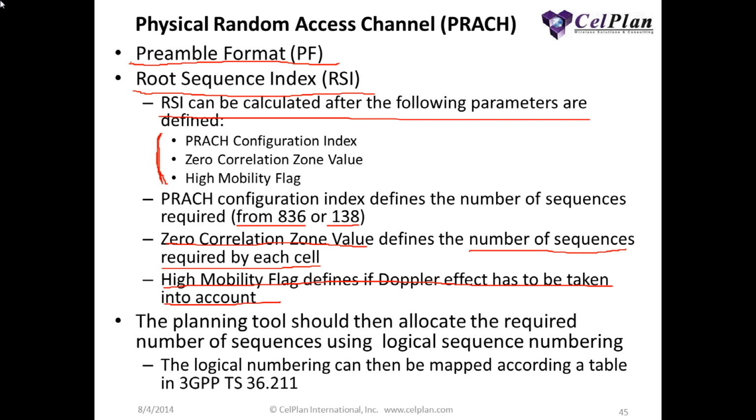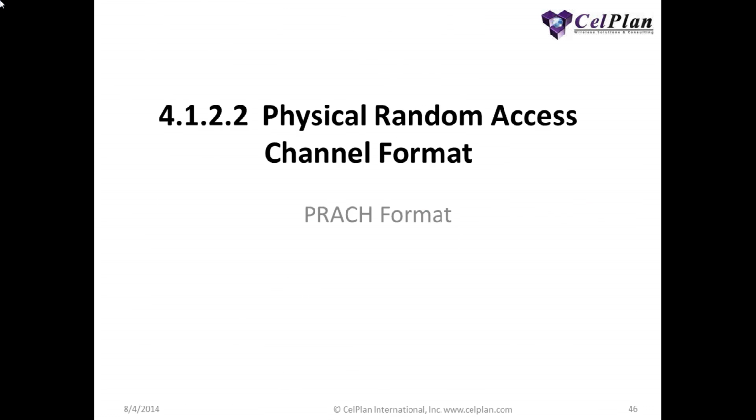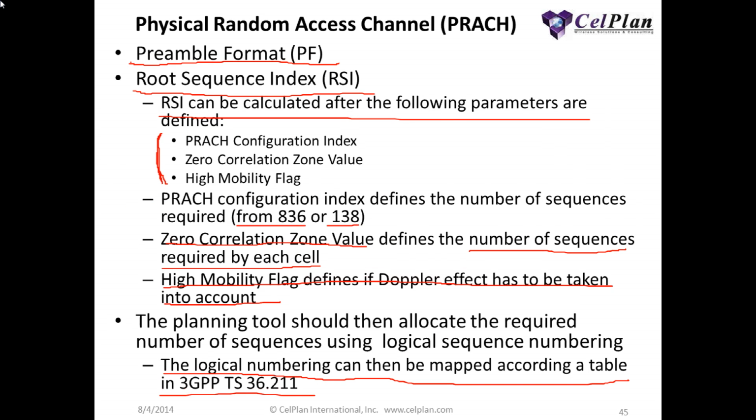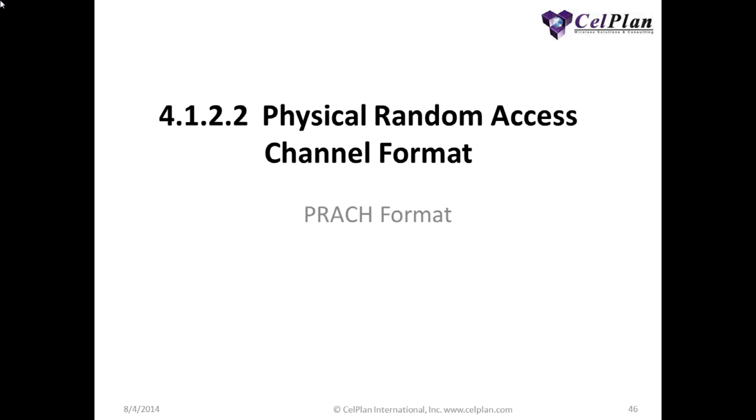But because not all sequences are orthogonal, or some are more orthogonal than the others, 3GPP gives us a table, which will come later, that maps the logical numbering to another numbering that tries to place more orthogonal sequences together.